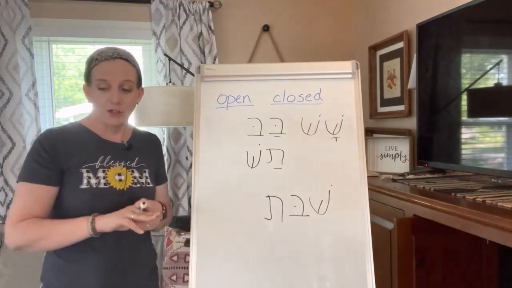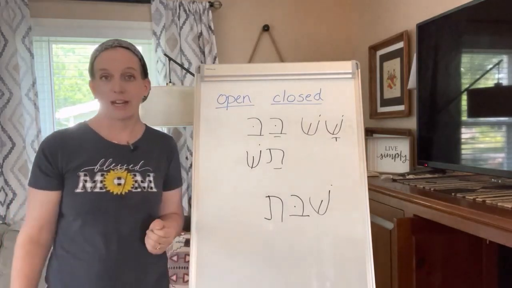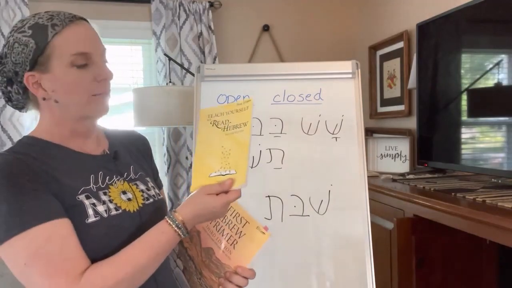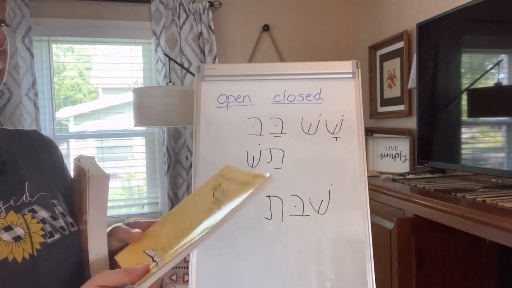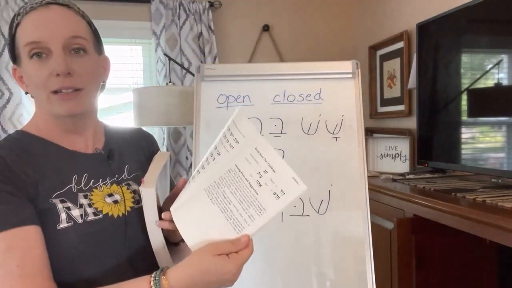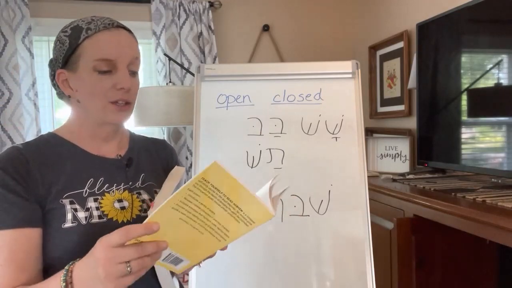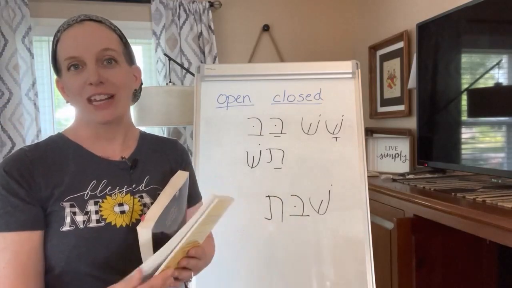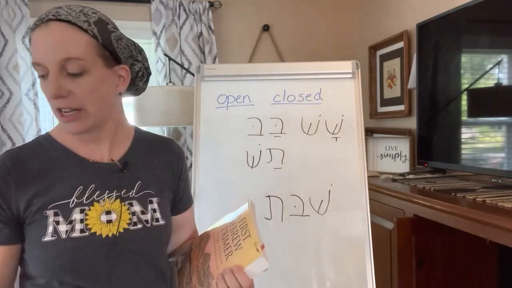So I wanted to show you also before we leave today a couple other resources that I really like. So this is a really great book, Teach Yourself to Read Hebrew, and it's really, really simple, and anyone can learn to read Hebrew with this, because what it does is it uses English words like beat and top, like we were doing, and hot, to help you understand how to make the sounds, and this uses Sephardic Hebrew.